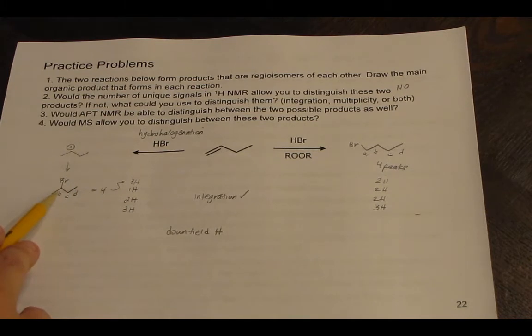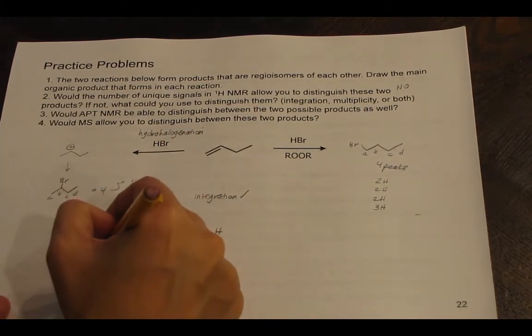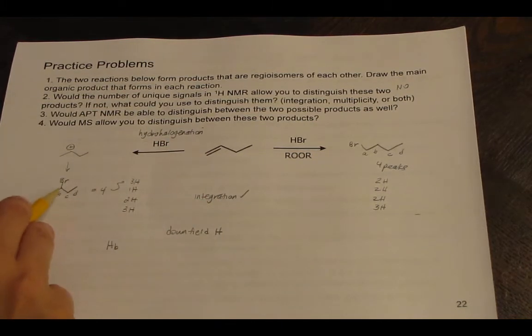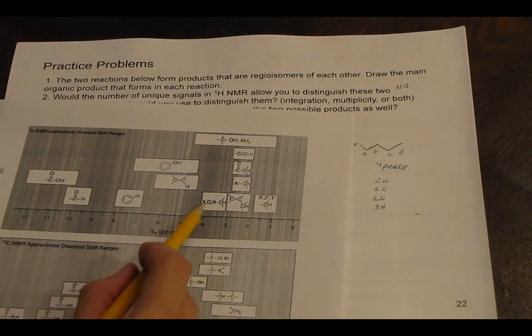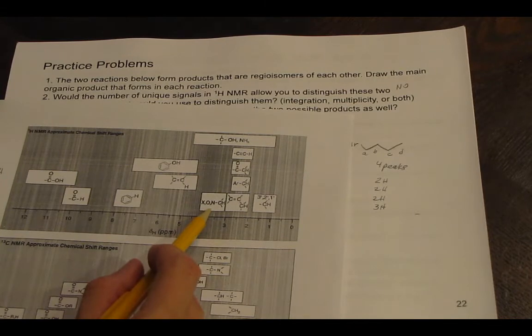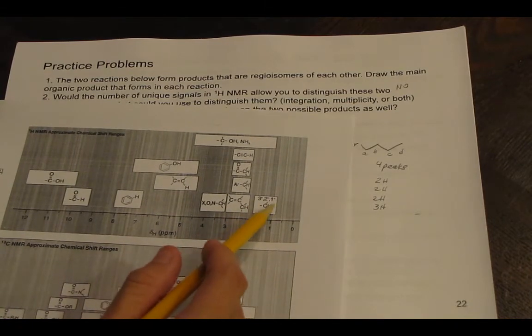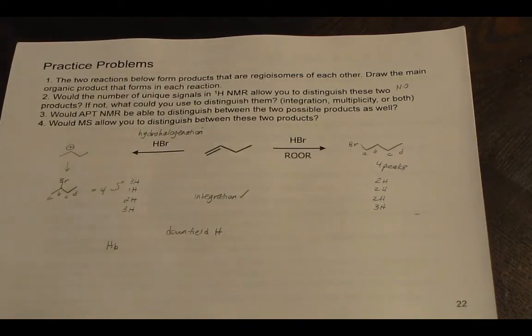In this case, it would be HB, because it's connected to the bromine. And again, if you're connected to a halogen, you're in the 3 to 4 range. Every other peak would be in the 1 to 2 range. So I would be looking for what the peak in 3 to 4 looks like.